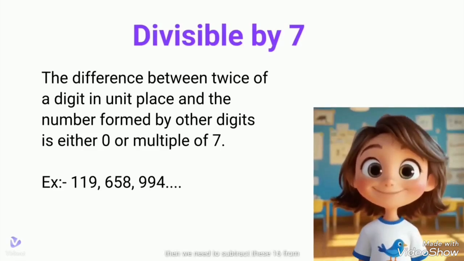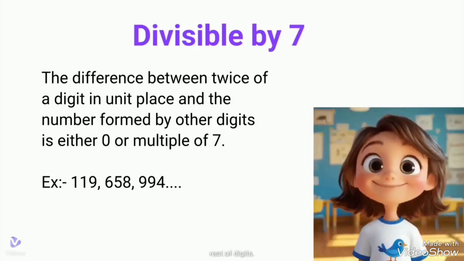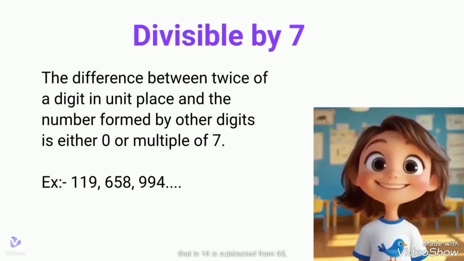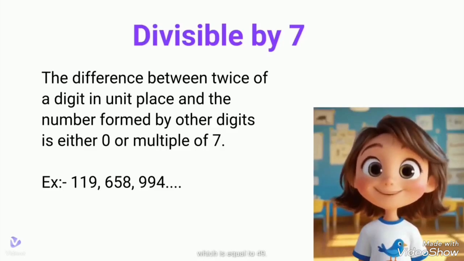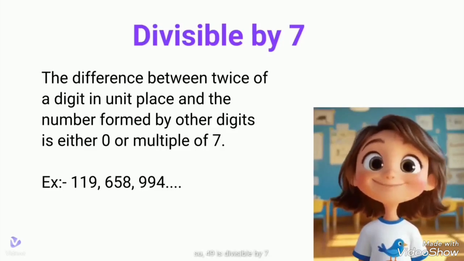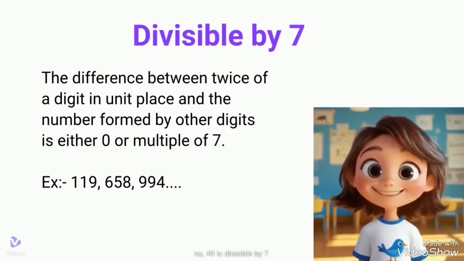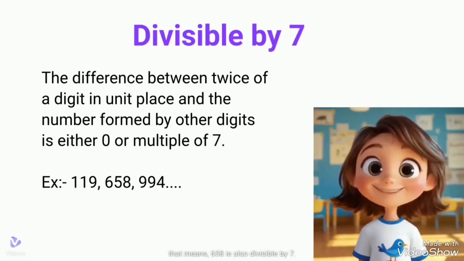Then we need to subtract this 16 from the rest of the digits. That is, 16 is subtracted from 65, which is equal to 49. So, 49 is divisible by 7. That means 658 is also divisible by 7.